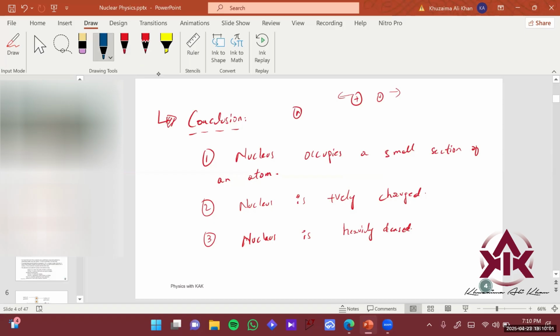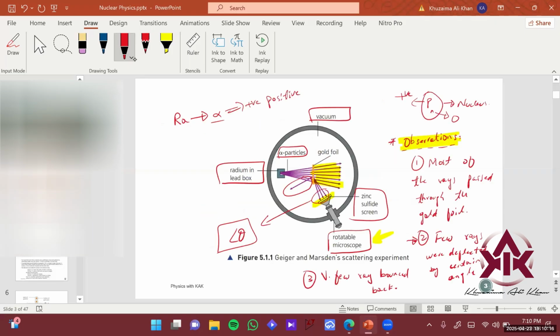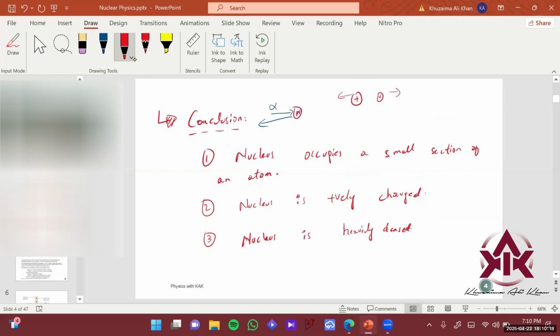If the alpha particle is coming straight towards this nucleus, it is going to bounce back, right? It's not going to allow this particle to go through, right? Okay. So it is pretty dense over here, right? These are the basic experiments which he did, and these are the observations and the conclusions over here, right?